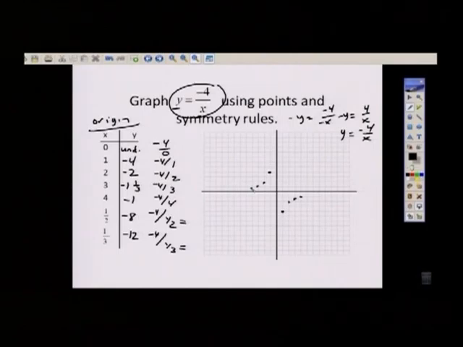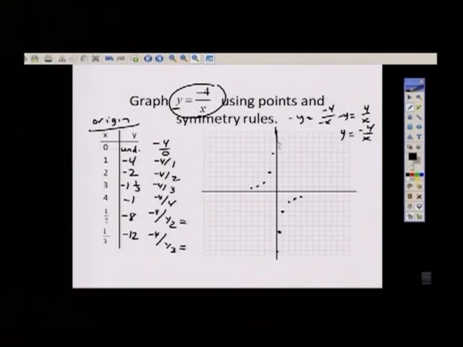And then I threw in the 1/2, which goes down to negative 8, and the 1/3 at negative 12, even closer there, and up there.